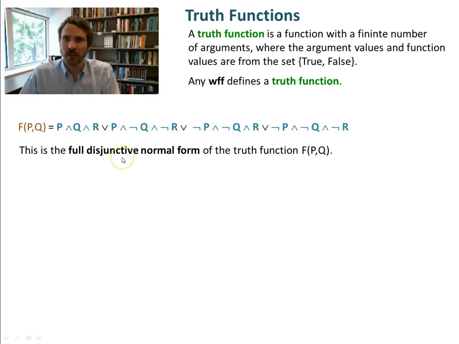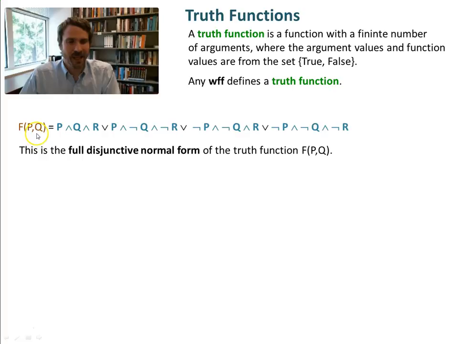This is a disjunctive normal form because it is a bunch of AND terms connected with an OR. Remember, we call the OR disjunction and we call the AND conjunction. So this is the disjunctive normal form because the main connectives here are the disjunctions. It's the full disjunctive normal form because every AND term contains all of the variables of the function.